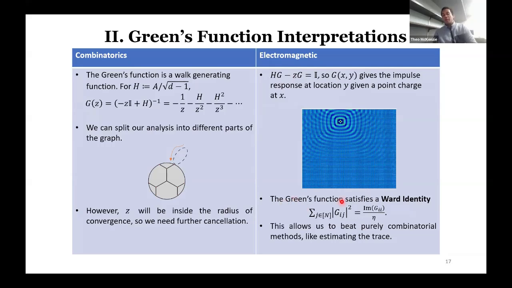Specifically, this will manifest itself in what's known as a Ward identity, which just says that if I sum the squared entries along a row, then this will equal the imaginary part of the diagonal divided by eta. And the point is that inequalities or equalities that look like this Ward identity are what are going to help us to estimate just the trace.